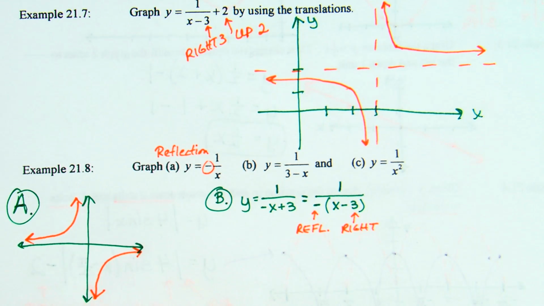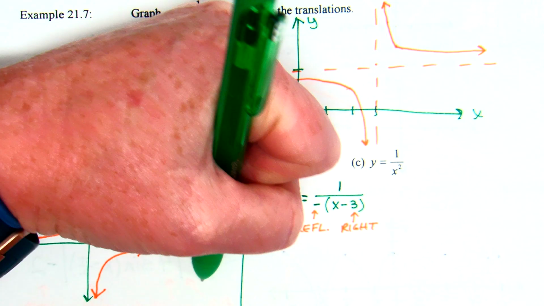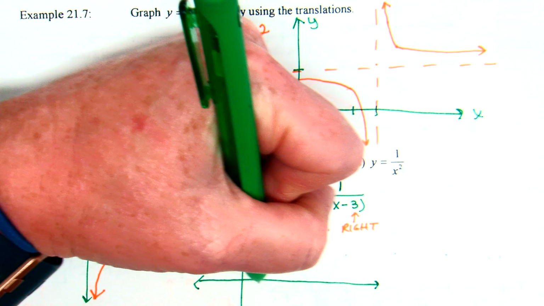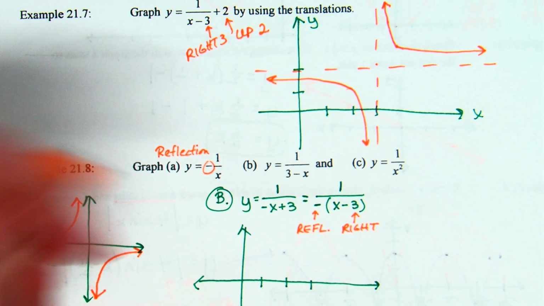So, I would say reflect first, which means instead of being in quadrants 1 and 3, we're going to be in quadrants 2 and 4. And then if I move this right 3, we've got our asymptote over there. It's one of those things where order does matter to an extent.